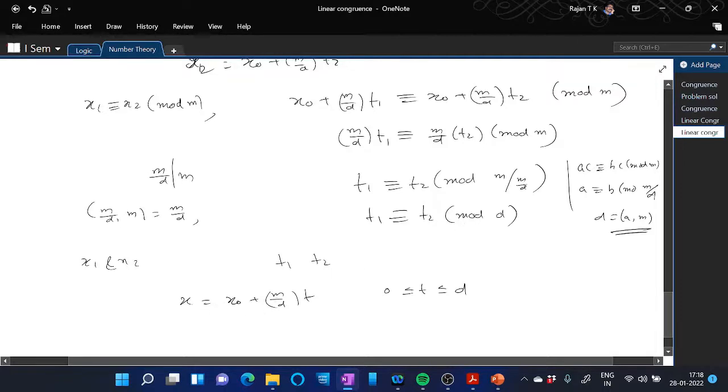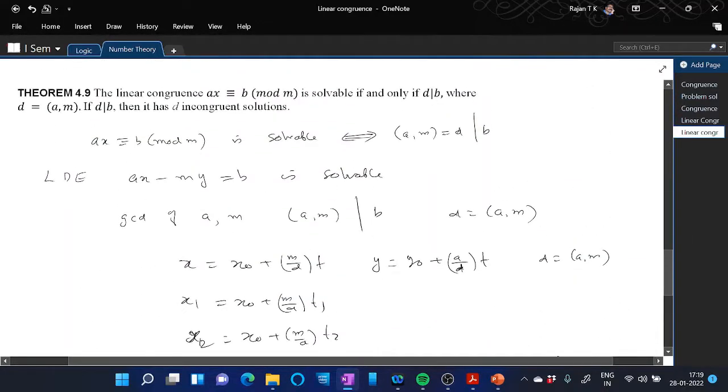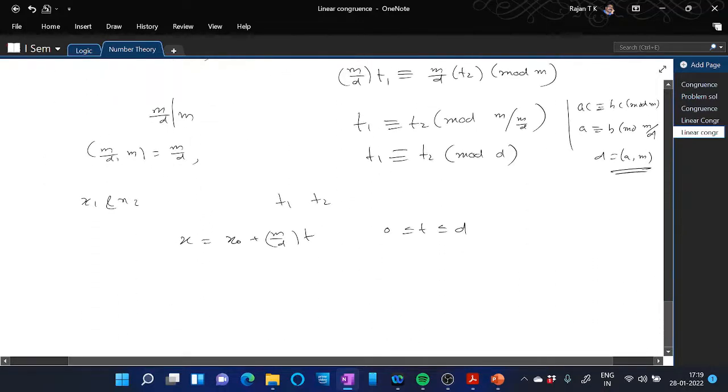x is equal to x naught plus M by D t is a solution to the linear congruence Ax congruent to B modulo M. Therefore, Ax congruent to B modulo M, the linear congruence, has D incongruent solutions.